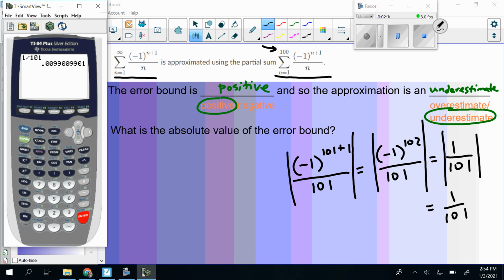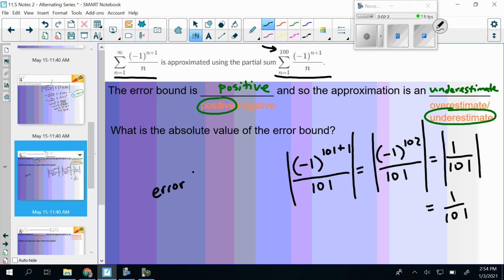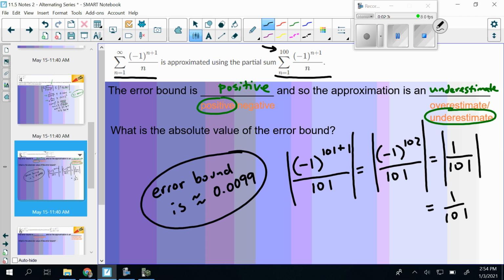So our error bound on this one is approximately 0.0099. So we know the sum of 100 should be within 0.0099 of this infinite actual sum over here.